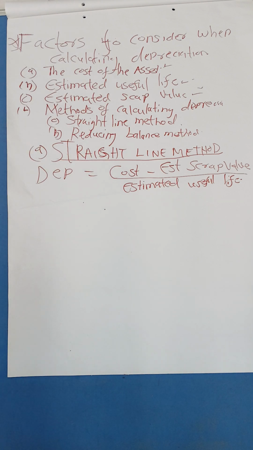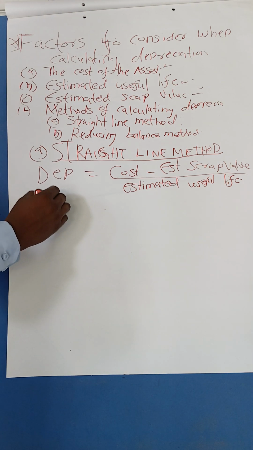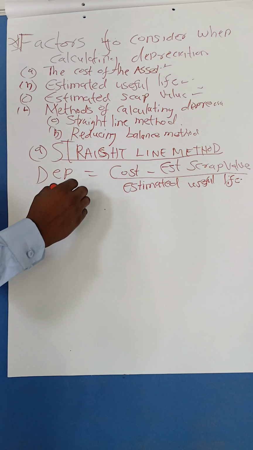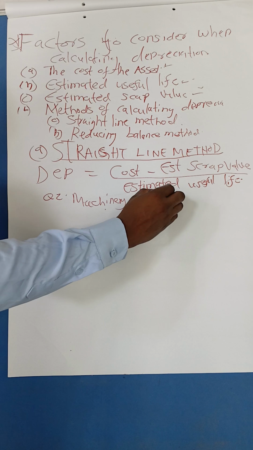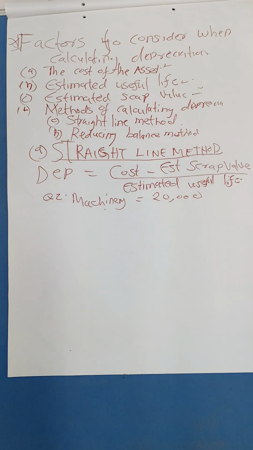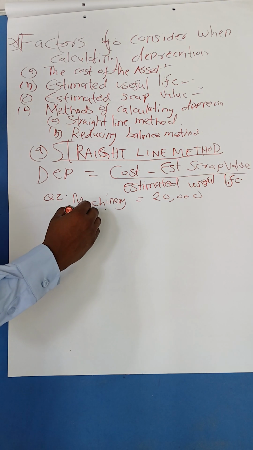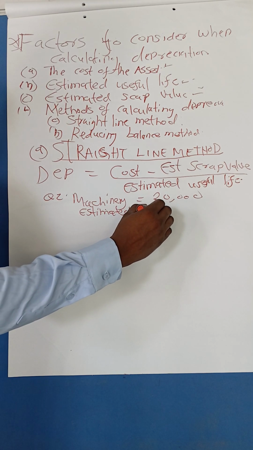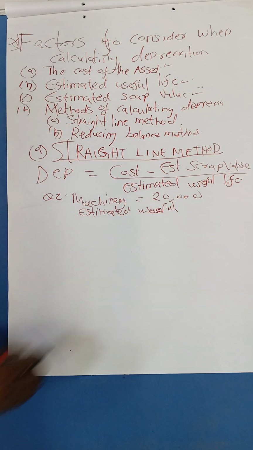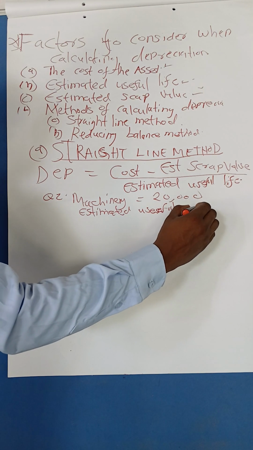Good. So you'll get an equation. Let's say you can get a question in this regard. A machinery in a farm was bought at a cost of 20,000. The estimated useful life for the machinery to be used in the farm is 5 years.